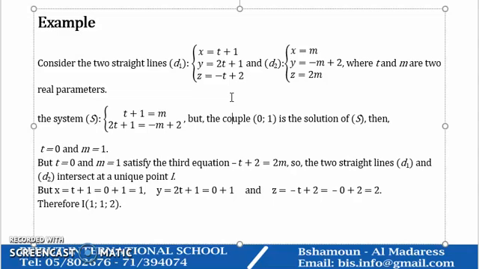So by taking, as in the previous example, t plus 1 equals m and 2t plus 1 equals minus m plus 2, we notice that we obtain the values t equals 0 and m equals 1. If we replace them in the third equation, which is minus t plus 2 and 2, we obtain a correct answer. So we can deduce that the two straight lines are intersecting.